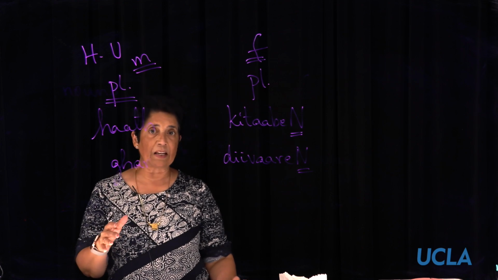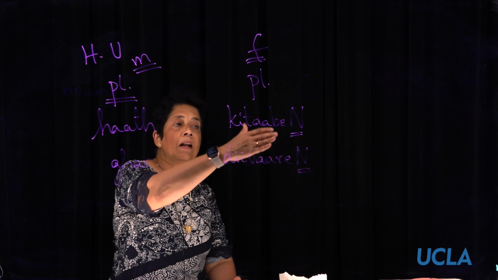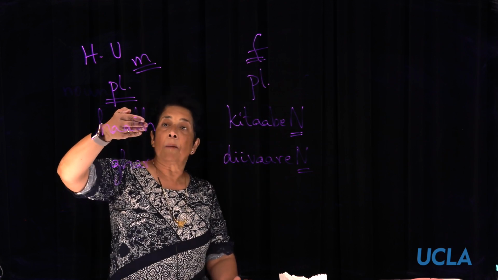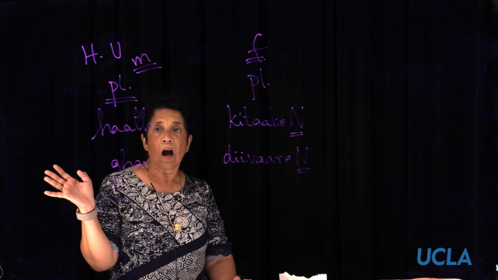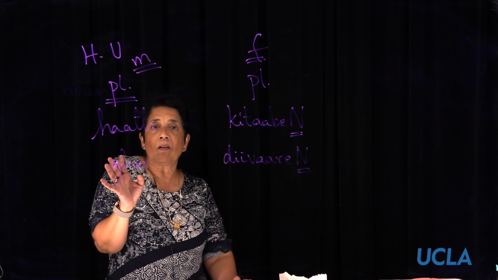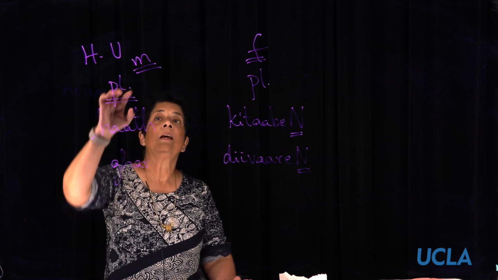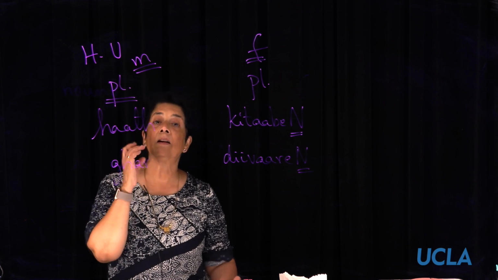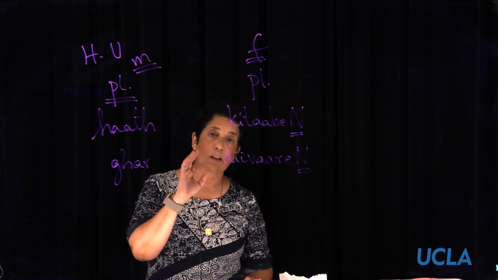Repeating the rule, if the plural ends in nasalization, it is feminine. If the plural ends in anything else, any other consonant, any other vowel, anything else other than nasalization, it is masculine. So this means that gender is completely predictable in Hindi-Urdu.